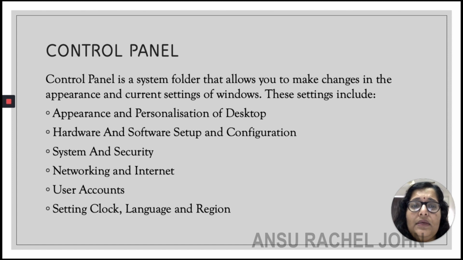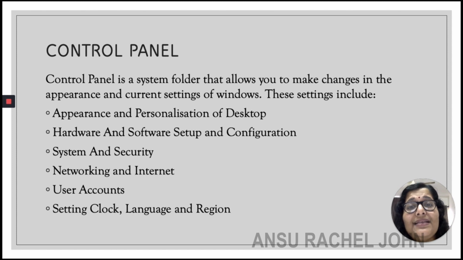That folder helps you to make changes in the appearance and current settings of your computer. What are current settings? What you see now. You can change it into another view afterwards with the help of the Control Panel. What are the settings that are available?